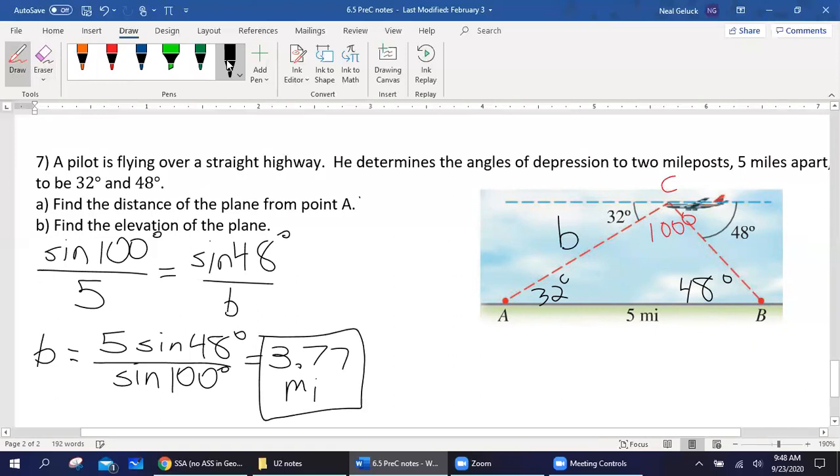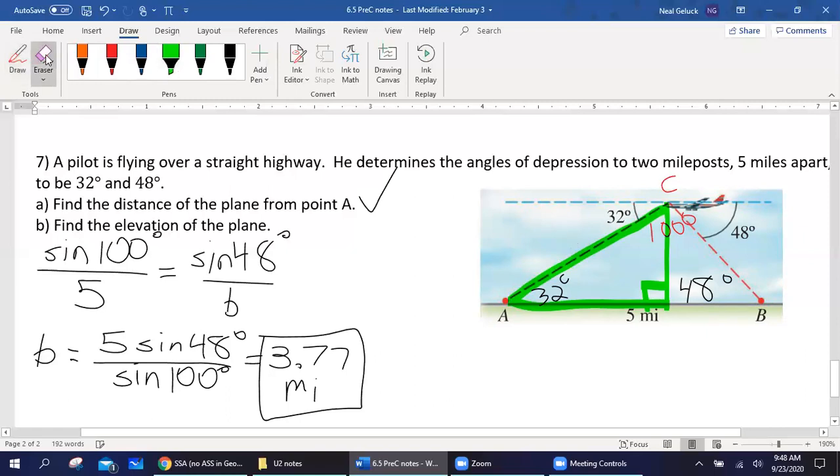Okay, so that was the first part. Done. Part B is what is the elevation of the plane? Well, for part B then, I want to know how high up this plane is. Now I can go to right triangle trig. So now focus on this green right triangle. I know that side B, I just figured that out, is 3.77.